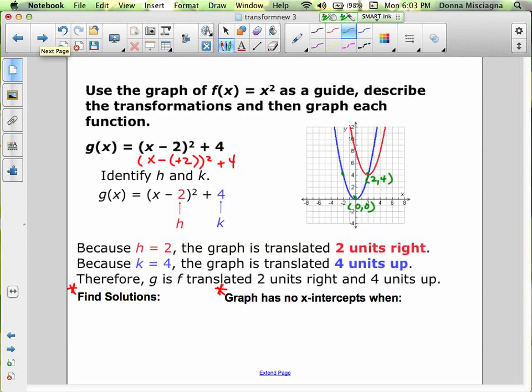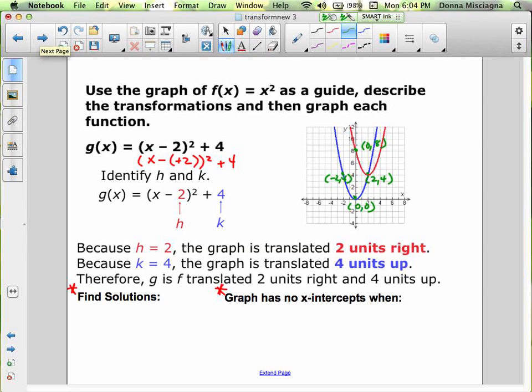I think that point is (-2, 4). It would shift 2 to the right, so 1, 2, and then up 4: 1, 2, 3, 4, and you can see it has. So (-2, 4) becomes (0, 8). So every point is shifted 2 to the right and 4 up.